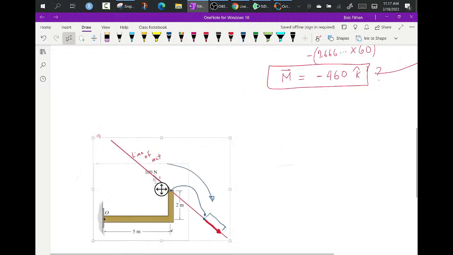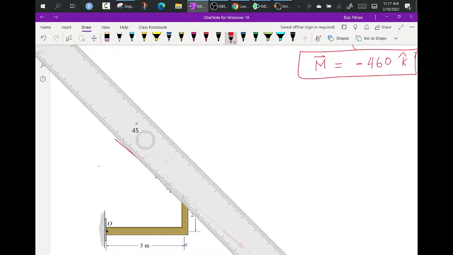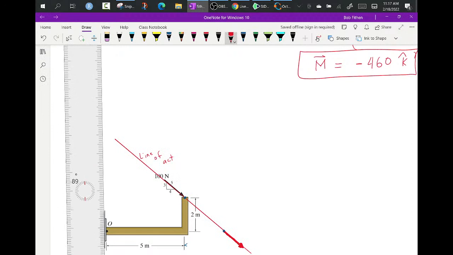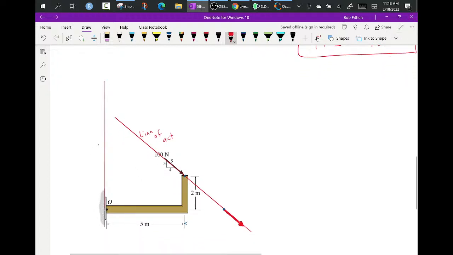Now instead of copying this vector here, I'm going to do something a little bit weird. I'm going to basically look at this, and I am going to copy this vector, which was right here.